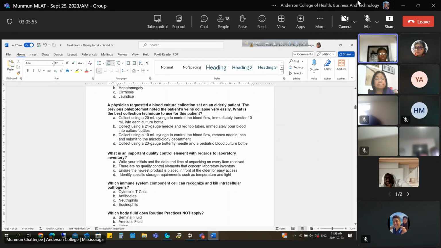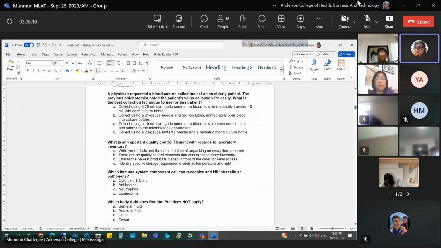This is for blood culture, so letter D. It's the butterfly. 23 is the smallest one, and then you are going to use the butterfly. D is the right answer.